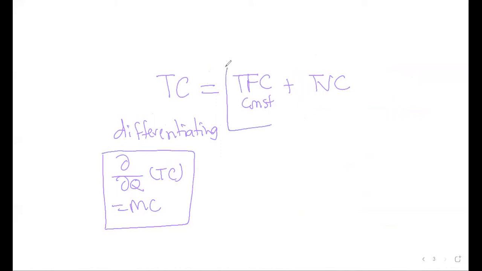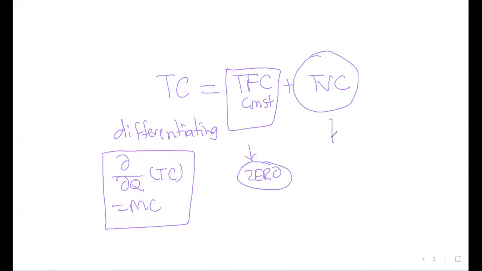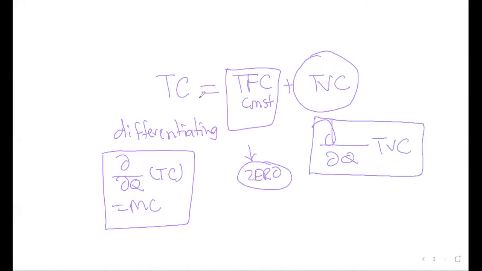If we differentiate this, what do we get? 0, right? Because it's a constant. Then we have the differentiated value of this. We are differentiating both sides with respect to Q.